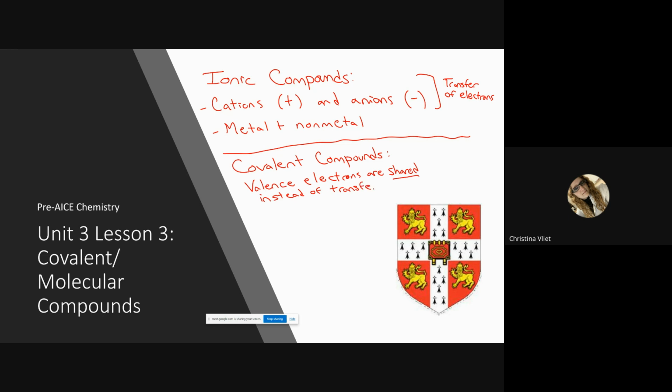In covalent compounds, the valence electrons are shared instead of transferred. Now, this can only happen if the two elements have similar electronegativities to each other. And so covalent compounds are between non-metals only.